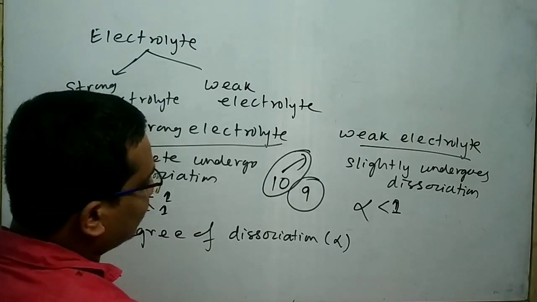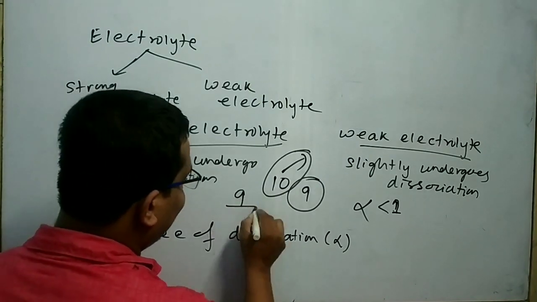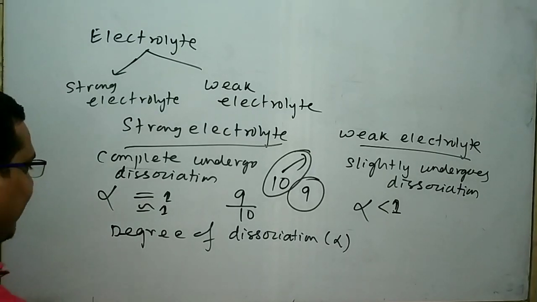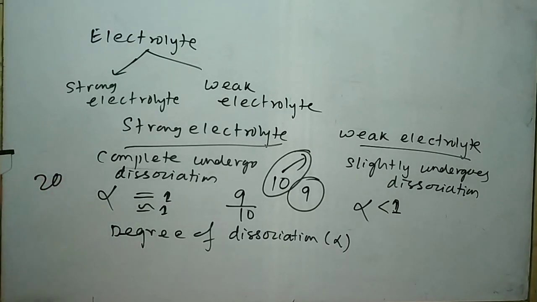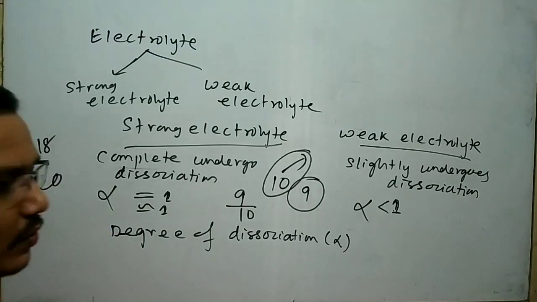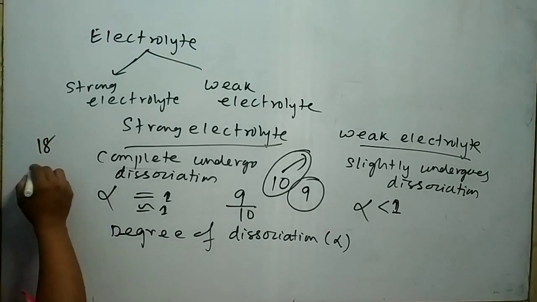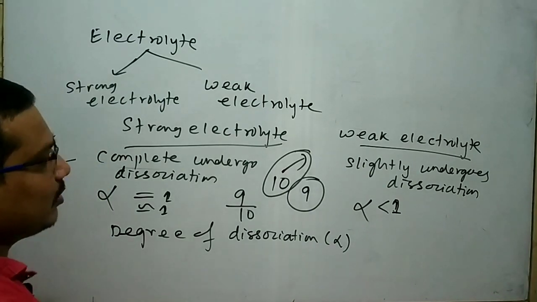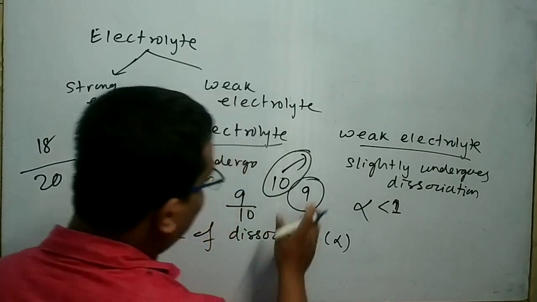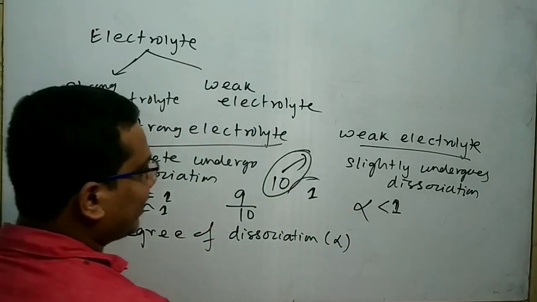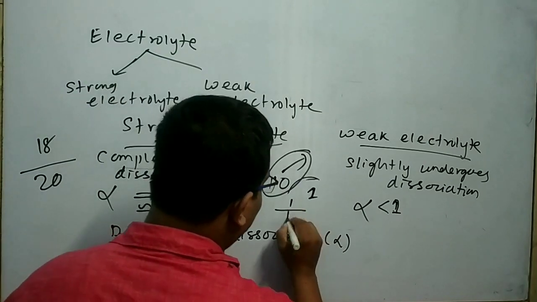Then the degree of dissociation is equal to 9 by 10. Suppose I take 20 molecules, and 18 molecules undergo dissociation. Then the degree of dissociation is 18 by 20. Suppose I take 10 molecules, and 1 molecule undergoes dissociation. Then the degree of dissociation is 1 by 10.